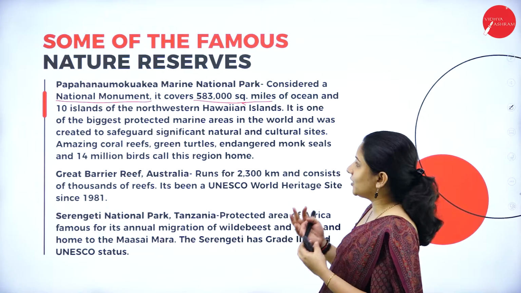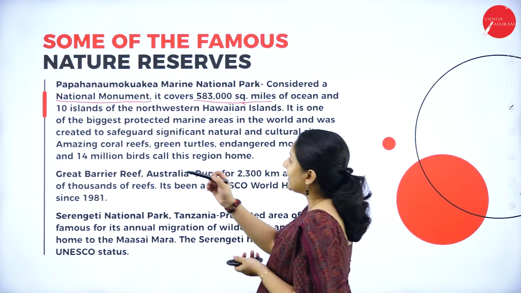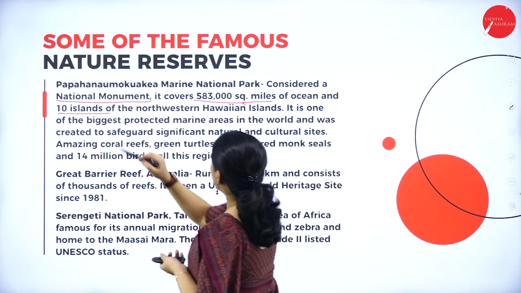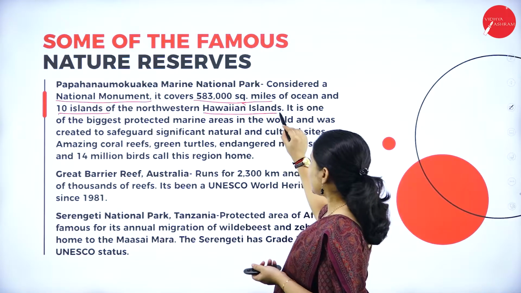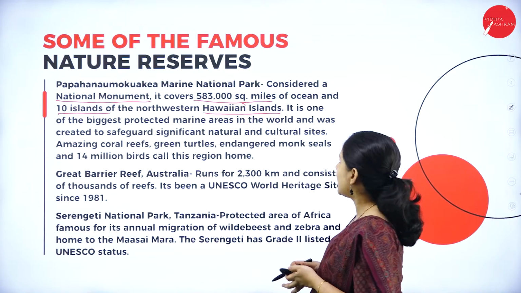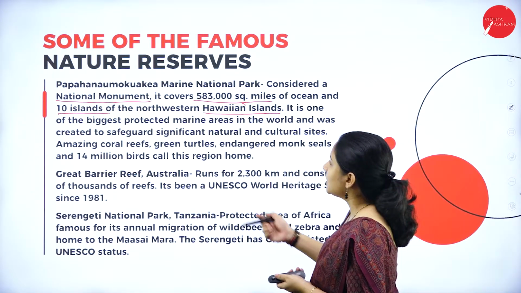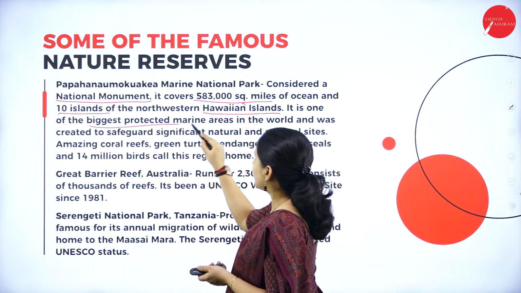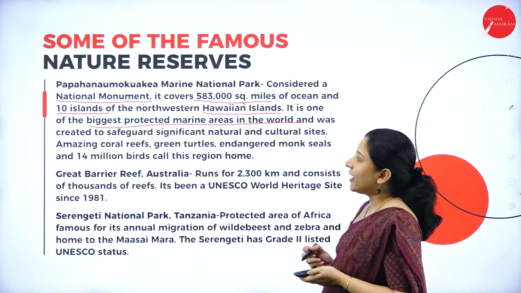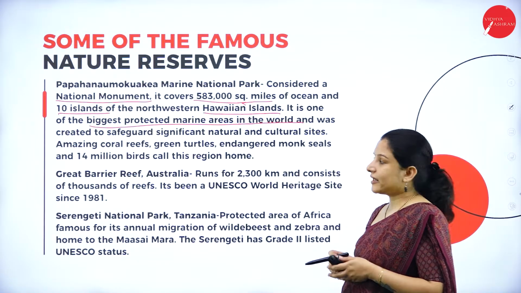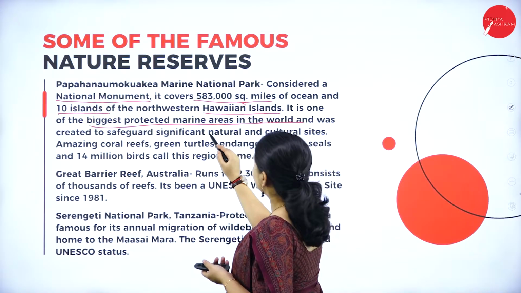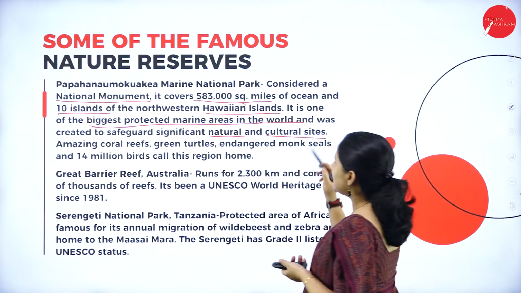And in this particular ocean, around 10 islands are situated, that is the Hawaiian Islands. And these 10 islands are the biggest protected marine areas in the world, and it was safeguarded especially because of its natural and cultural sites.